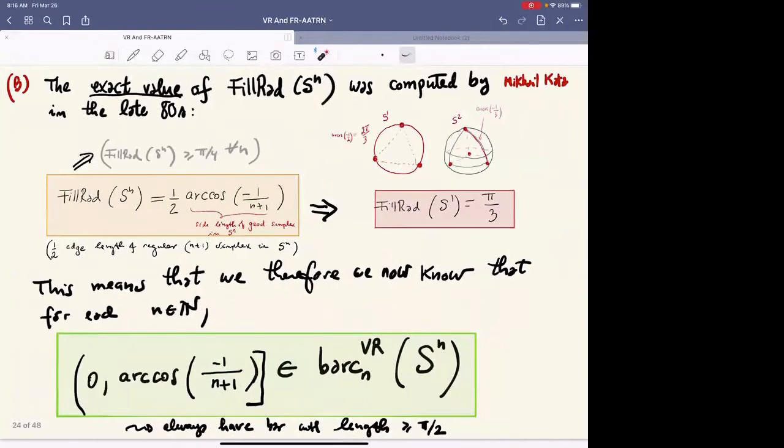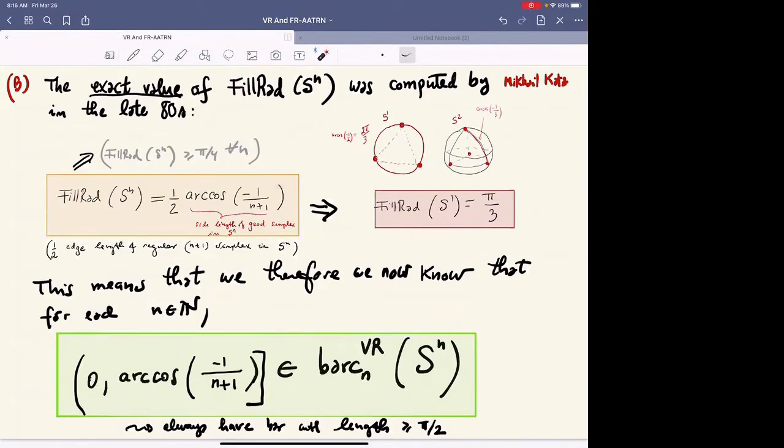Something else that we can import is work done by Katz in the 80s related to the exact computation of the filling radius of spheres. As I mentioned at the beginning, we don't yet have a lot of information about Vietoris-Rips barcodes of spheres.